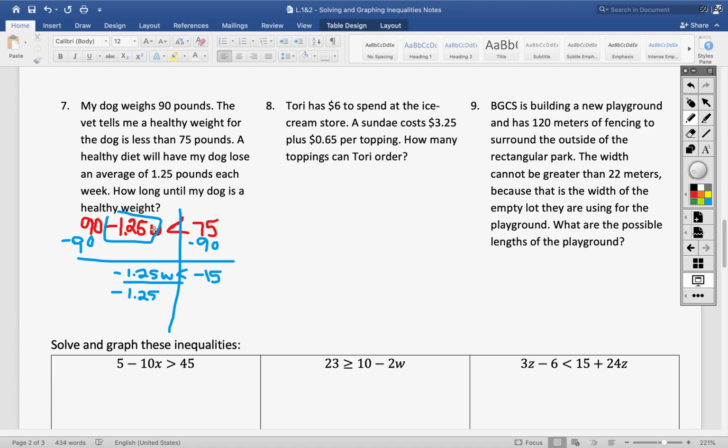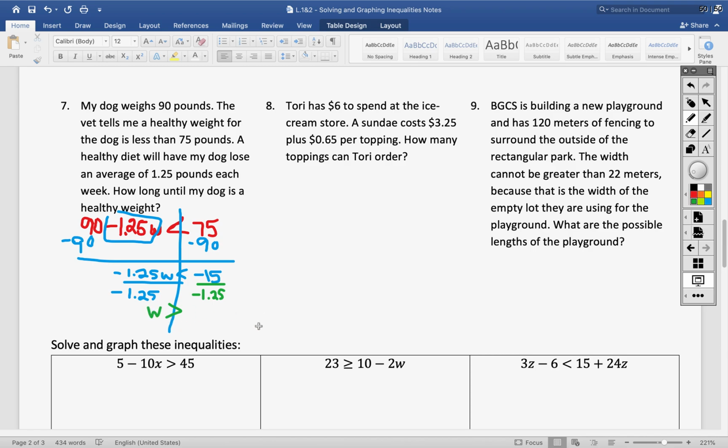And so whenever we multiply or divide by a negative, we must flip the sign. So instead of it being open to the right, it is now going to be open to the left.